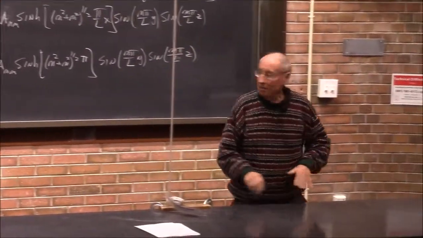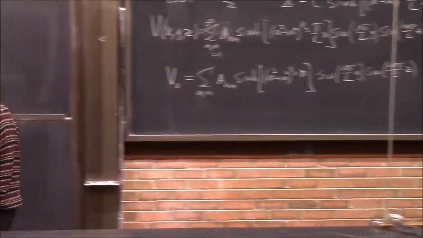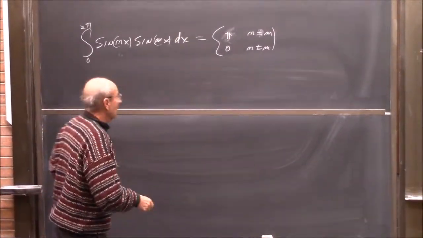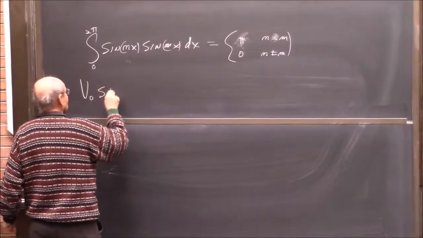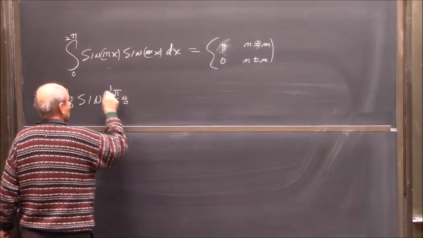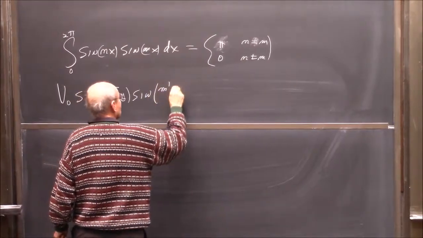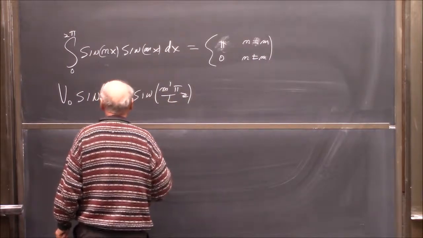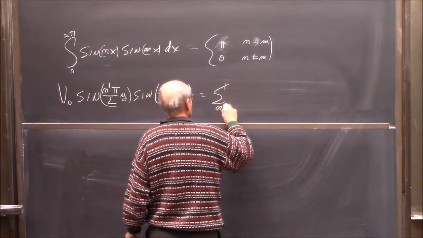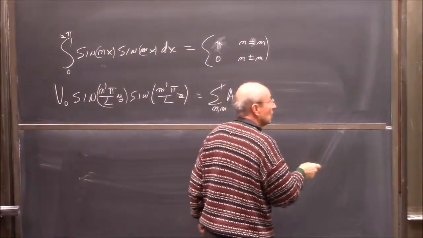All right. Now, let us use that fact on this equation. And so what I'm going to do is multiply both sides of the equation by sine n prime pi over L times y, sine m prime pi over L times z. And then on the other side, I will have the summation over n, m of a_nm. And now I'll group them together.